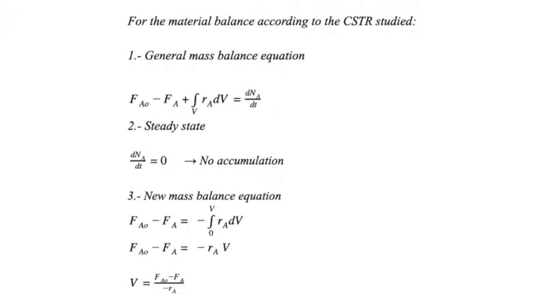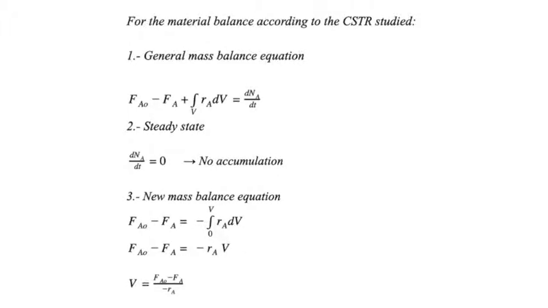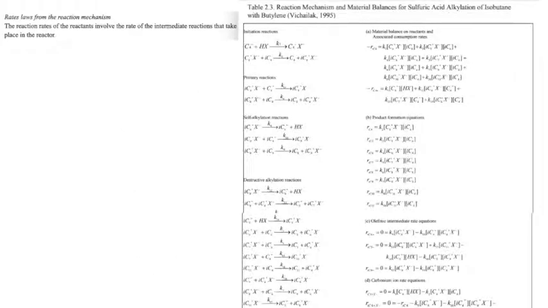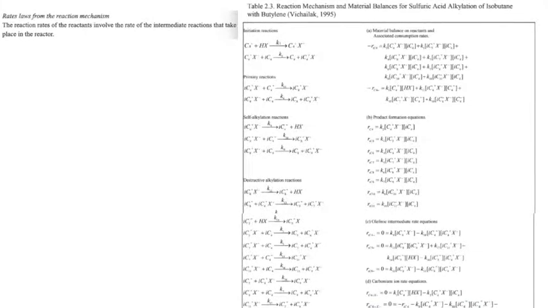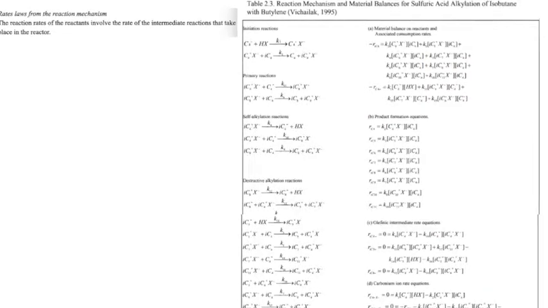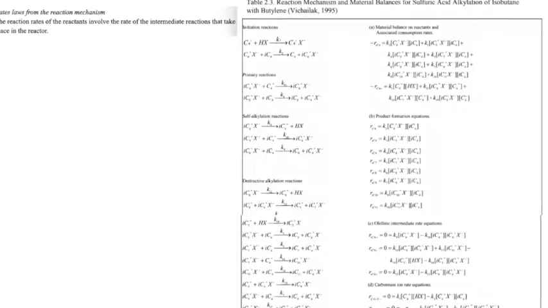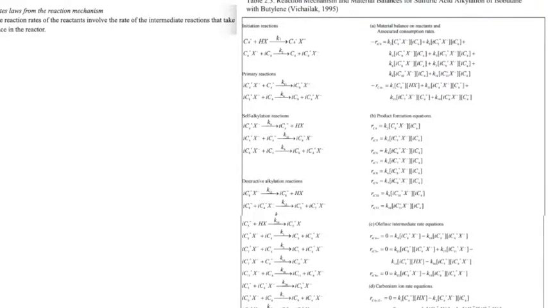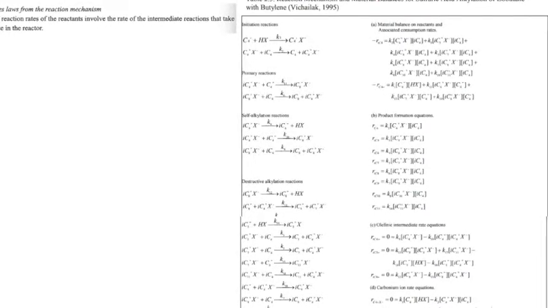But we couldn't use this formula to calculate the reactor volume because a rate of reaction value is required for this calculation. The reaction rates of the reactants involve the rates of the intermediate reactions that take place in the reactor. In the table are presented only the rates that involve the olefin.